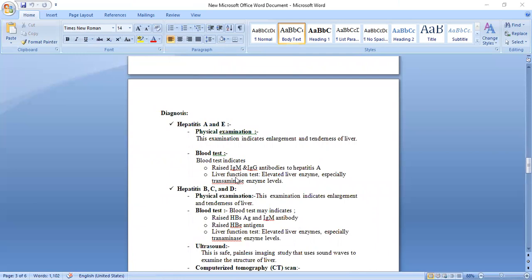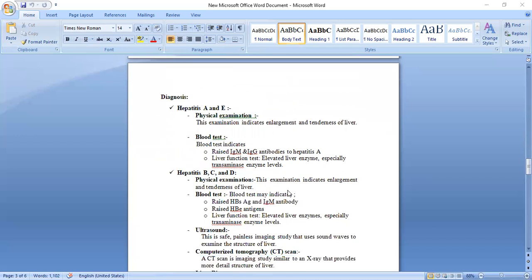So there are raised IgM, immunoglobulin M, and immunoglobulin G antibodies to hepatitis A, with increased levels of IgM and IgG. Liver function test: what we have to check here is elevated liver enzymes, AST and ALT, especially the transaminase enzyme level. So it will get increased.